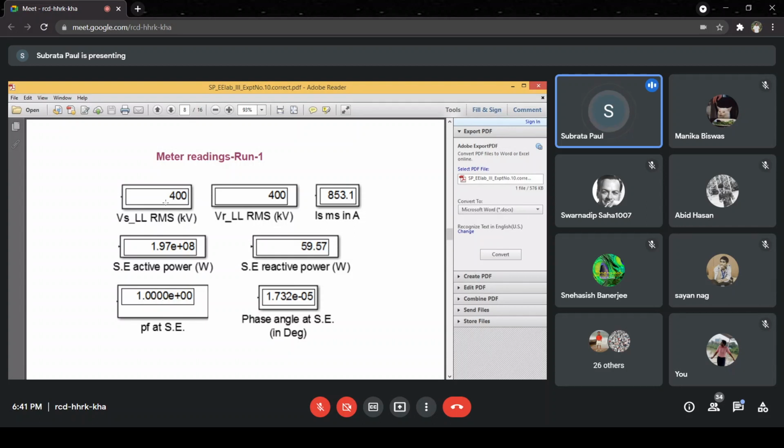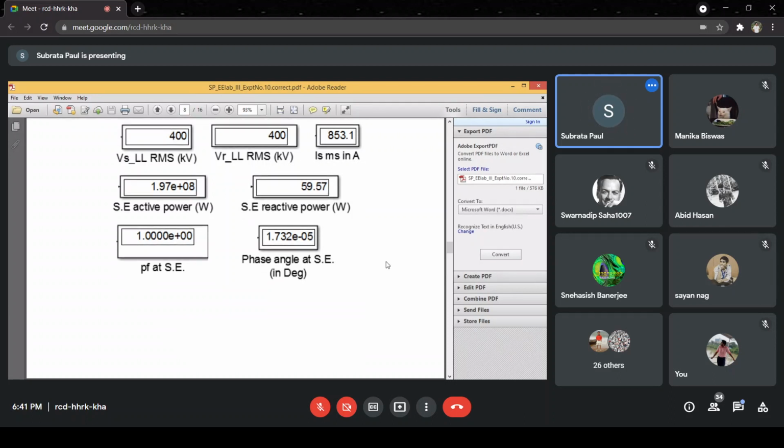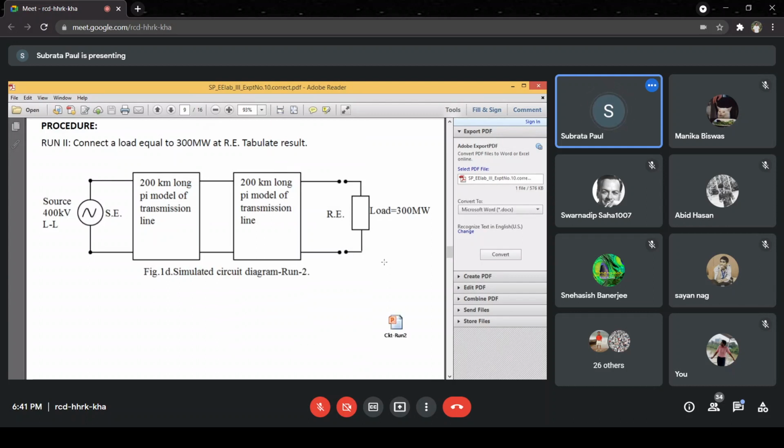So we have got expected results, and this is not any strange thing. This result should be obtained if the simulation is properly done.